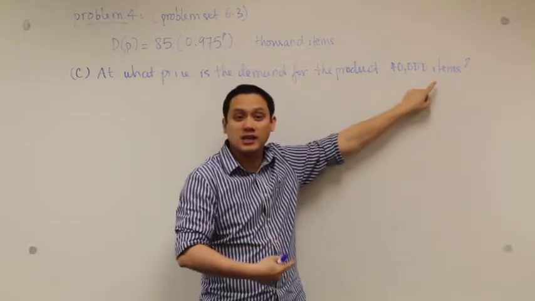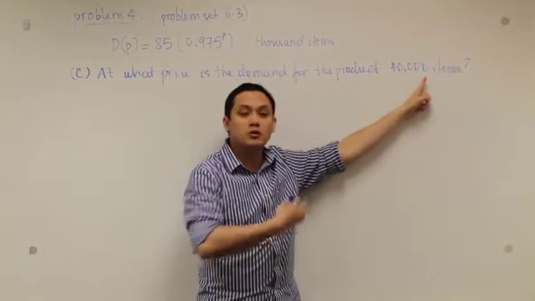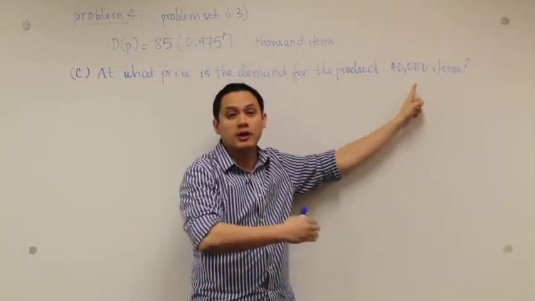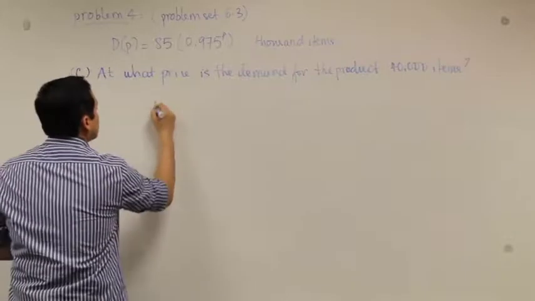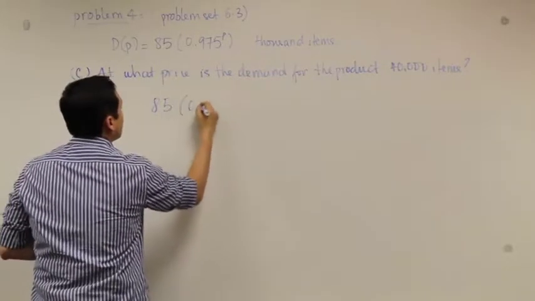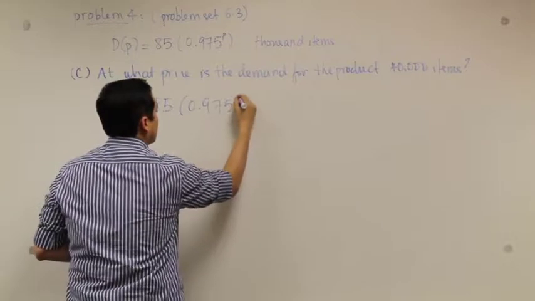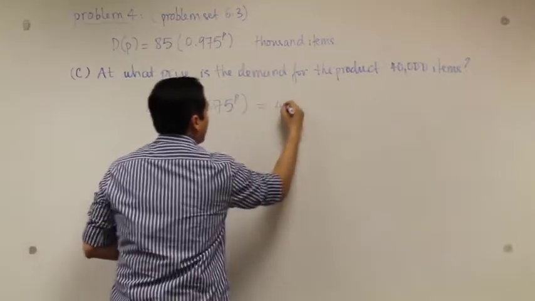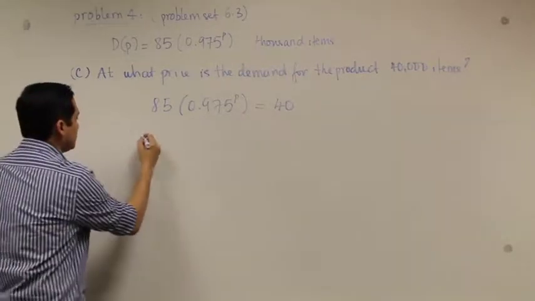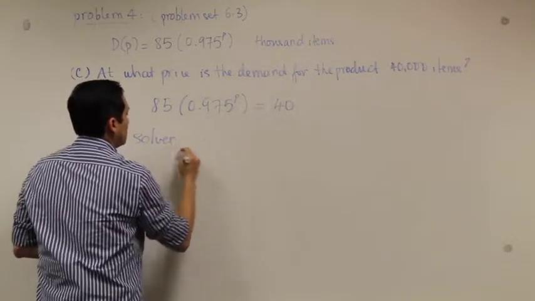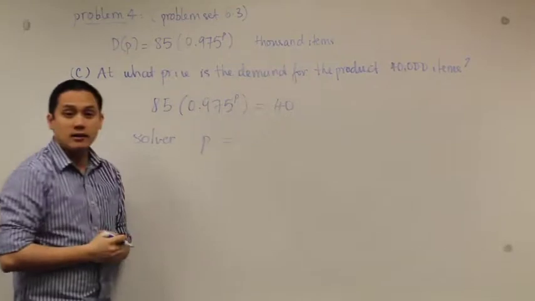So you have to change this from 40,000 with unit items to 40 with unit 1,000 items. So that is, you set the demand function equal to 40. Then you use the solver to get the value of P.